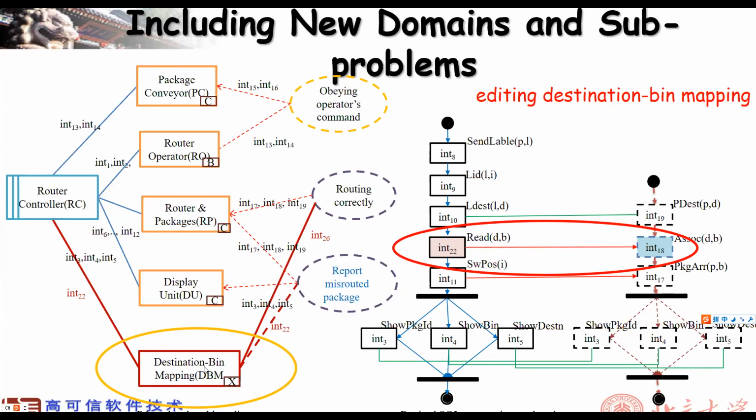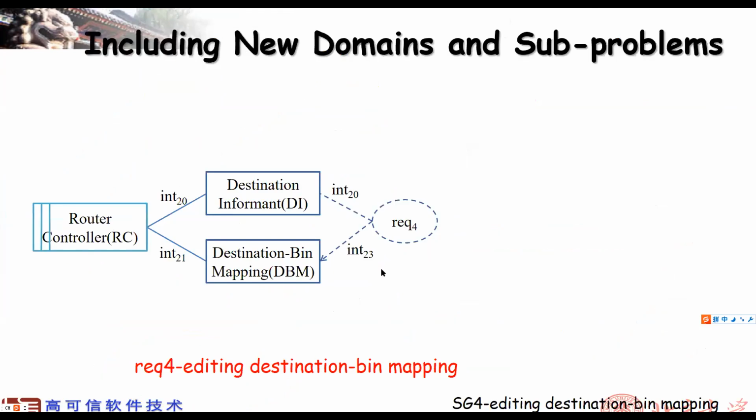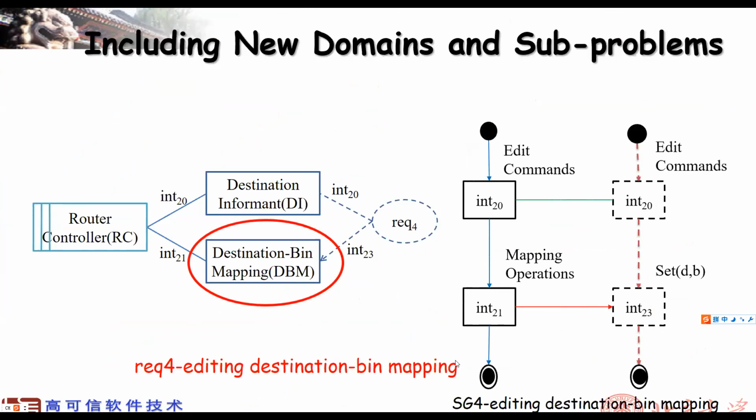But where is this domain created? Which means this is the consumer, but where is the producer? Where to produce a DBM? So we have to create a new problem for editing the DBM. And for editing the DBM, we can get a new scenario called addition bin mapping.